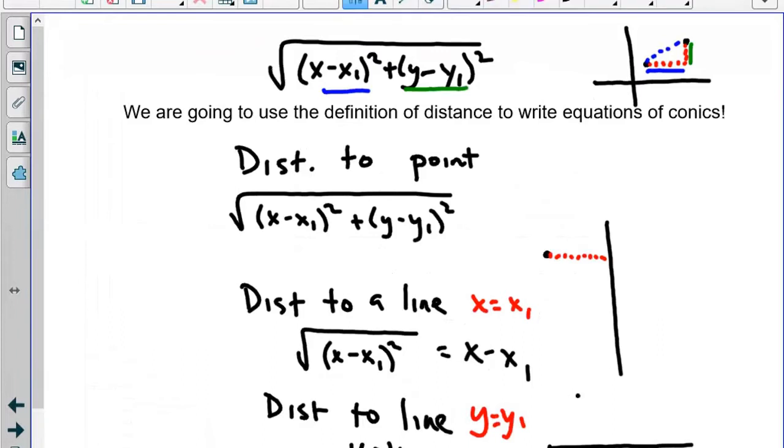Then we want to find the distance from a point to that line. What we're doing is we're finding the vertical distance, which is always going to have no change in the x value, because we're never moving side to side, we're only moving up and down. So that's why that would be the case.